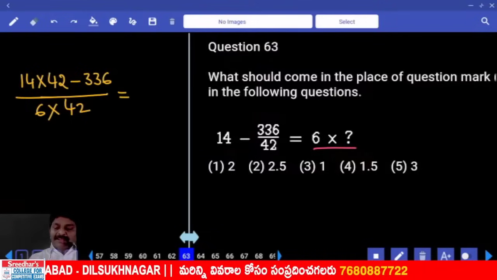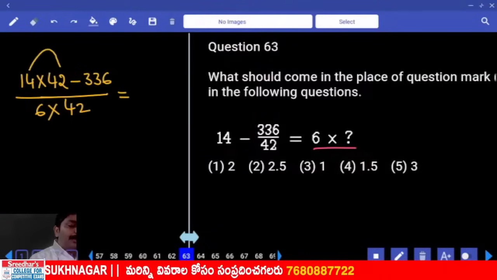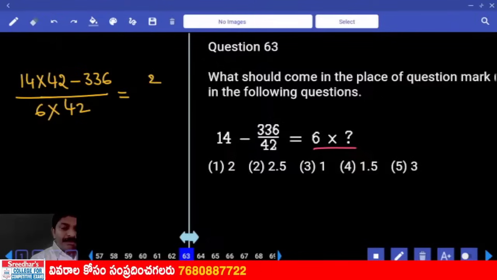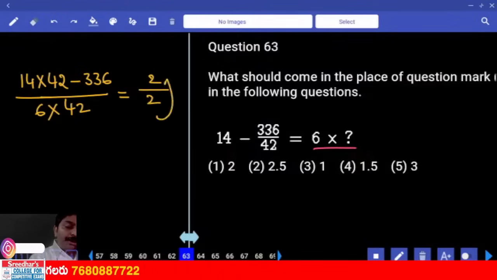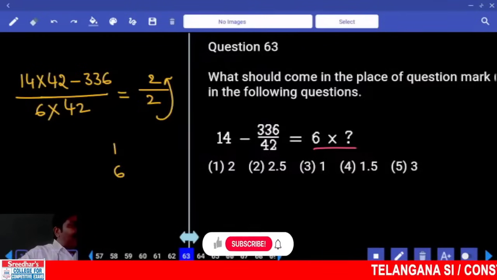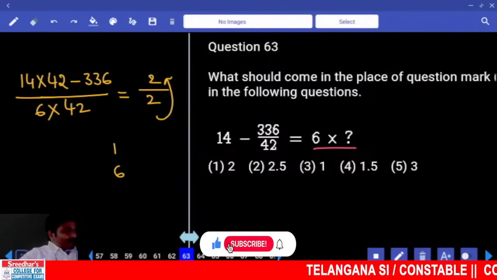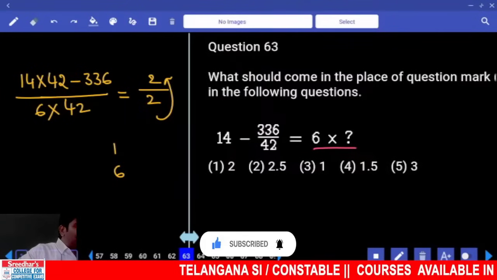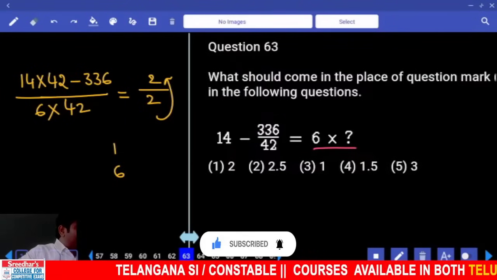Let me verify last digit verification. 4 into 2 ends with 8 minus 6. Denominator. Come on. 2 into which number ends with 2? Either 1 or 6. Correct? Answer should end with either 1 or 6. How many are there? Third option, final answer. Answer 1, option 3. Be careful.